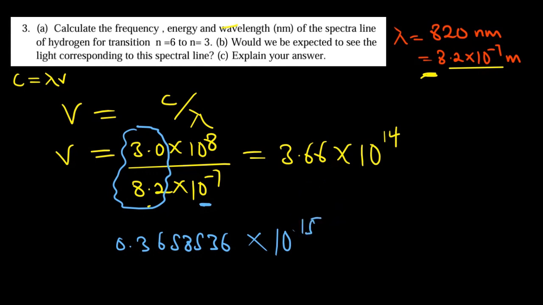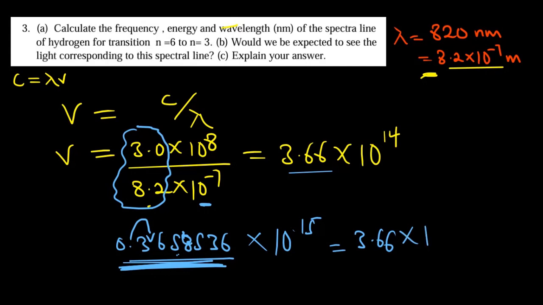Then I want to put this number in scientific form. Remember, the number here should always be greater than 1 but less than 10, so I have to move the point one place. So it is 3.6, and I can round off this one because the next digit is 8, so it gives me 3.66, times 10 to the power 14.